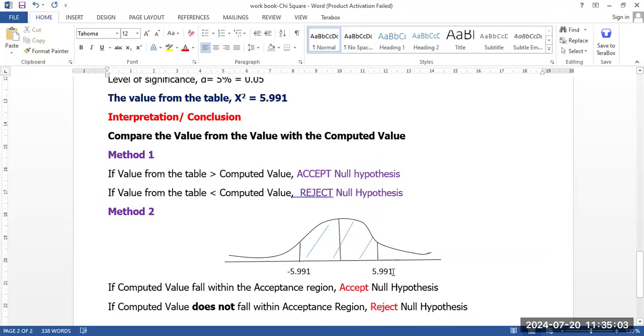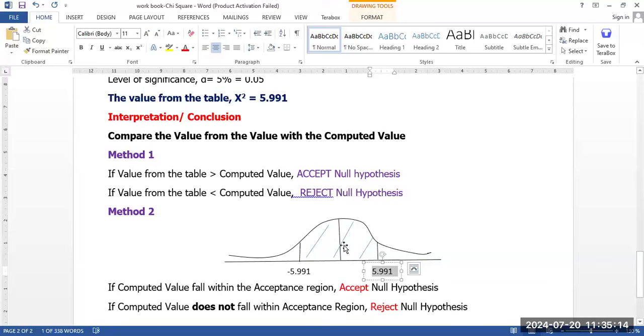If this value from the table is higher than the computed value, it implies that your computed value will fall within the acceptance region. That's why even here we are saying accept.